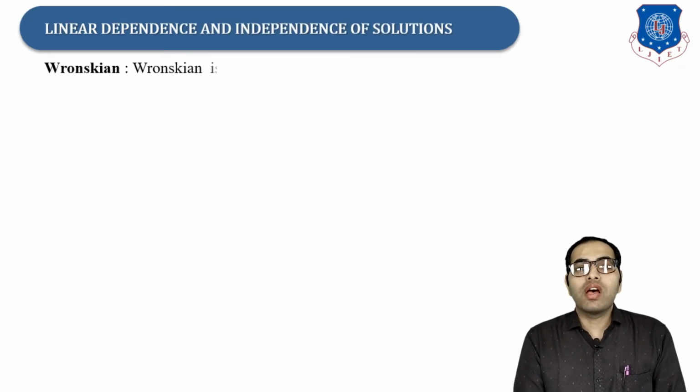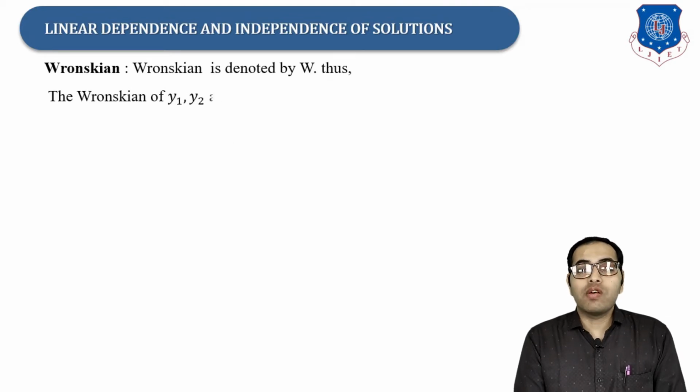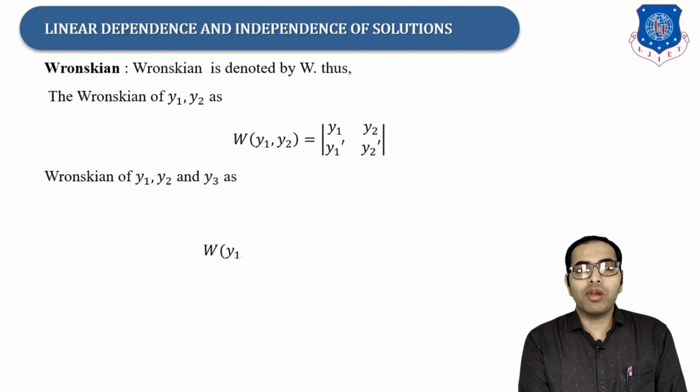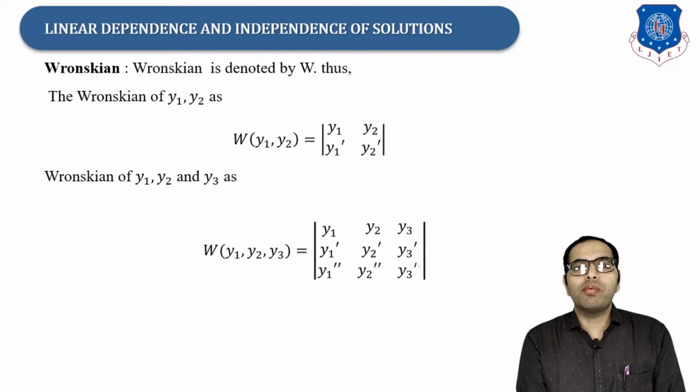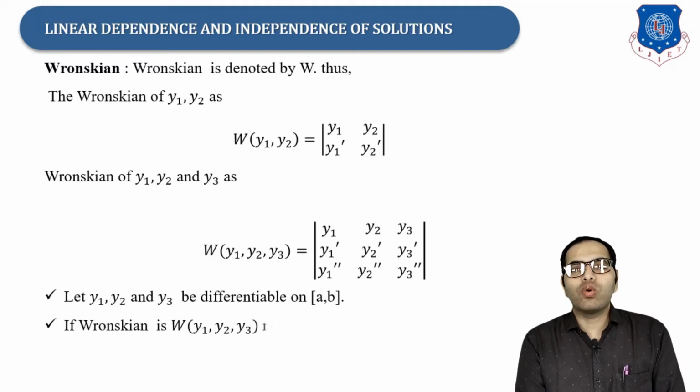Let's see firstly the Wronskian. The Wronskian is nothing but a determinant, denoted by W. The Wronskian of y1, y2, W of y1, y2, is equal to the determinant with first row y1, y2 and second row y1 dash, y2 dash.